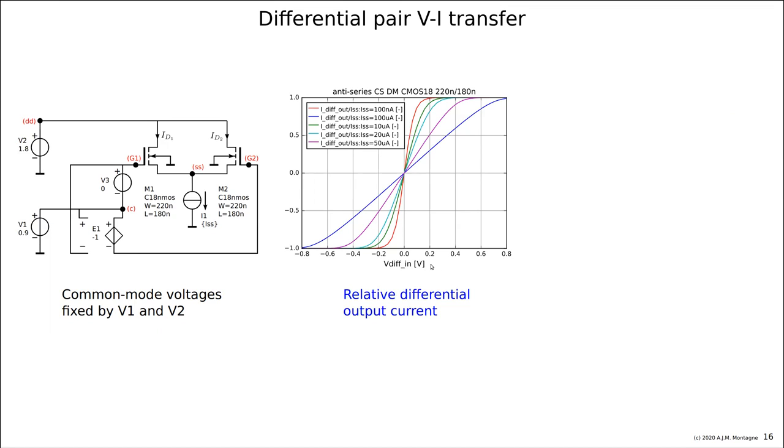Of course, the full excursion is only plus or minus 100 nanoamps. If you go to the blue one, which is 100 microamp tail current, then the device is more operating in strong inversion, and you see it becomes almost completely linear.